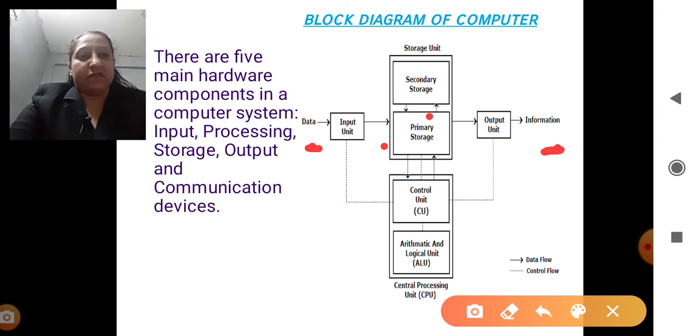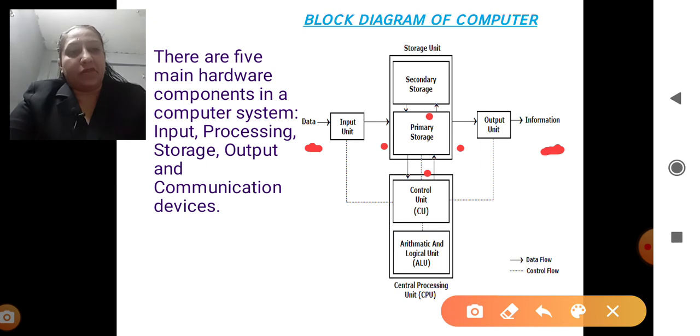What is the difference between the unidirectional and the bidirectional, two directional? Same way here in the control unit also you can see it is bidirectional. From primary to control unit it is coming and back from control unit to primary also it is coming. But from primary to output it is again unidirectional. What is this indicating?